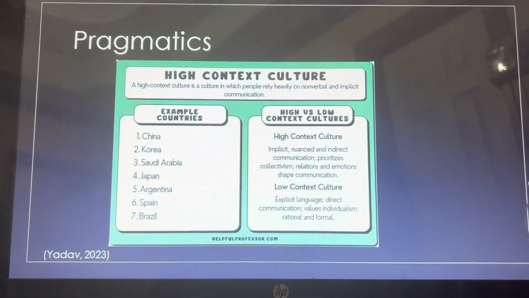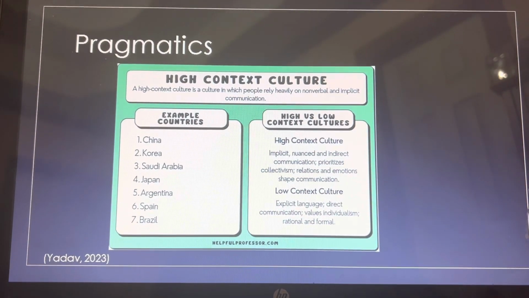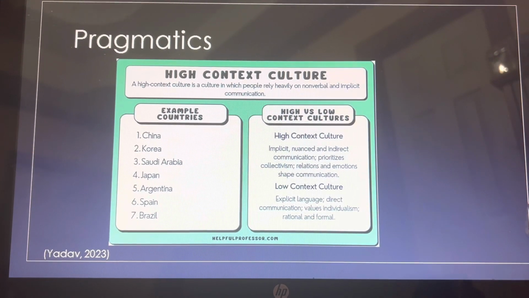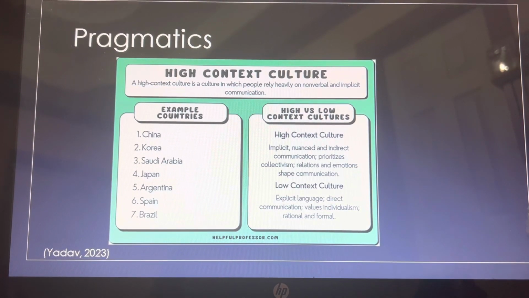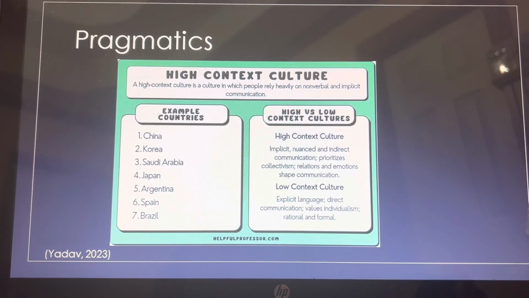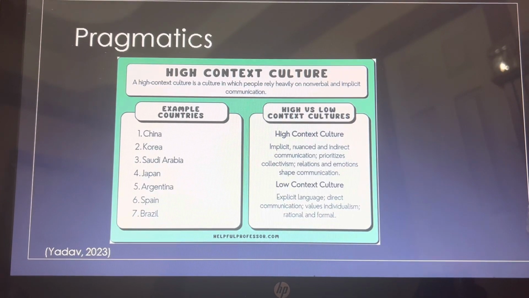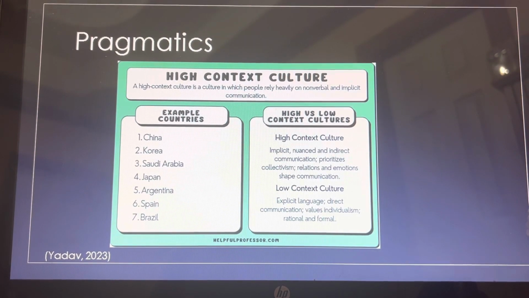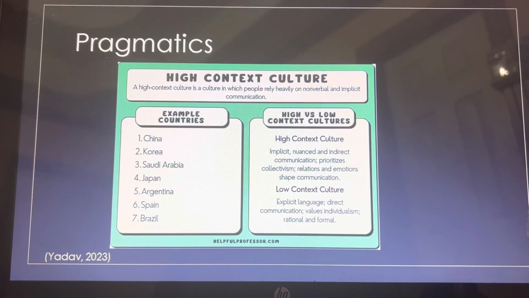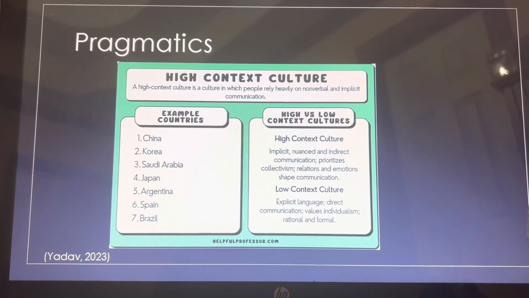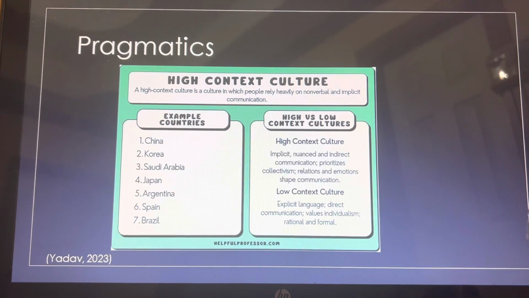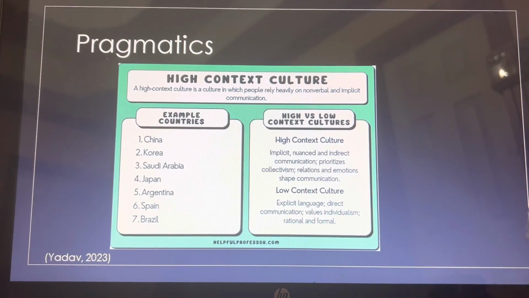Okay, and then next, another pragmatic difference is that Japanese is considered to be a high context culture. So in that way, they're looking a lot at nonverbal communication and implicit meaning. They're really indirect with what they're saying, as maybe a way to be polite is a good way to put it.